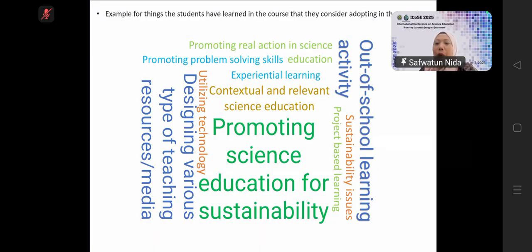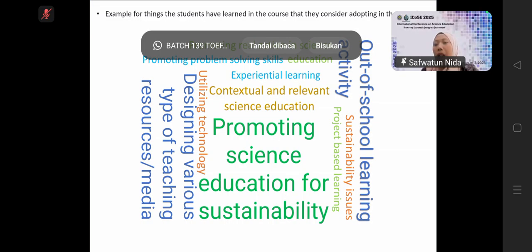The most frequent answer was promoting education for sustainability, followed by out of school learning activity, as well as designing various type of teaching resources or media. And these outcomes are in line with the UNESCO's ESD for 2030 framework, which highlights that education should increase sustainability awareness as well as empower learners to act.